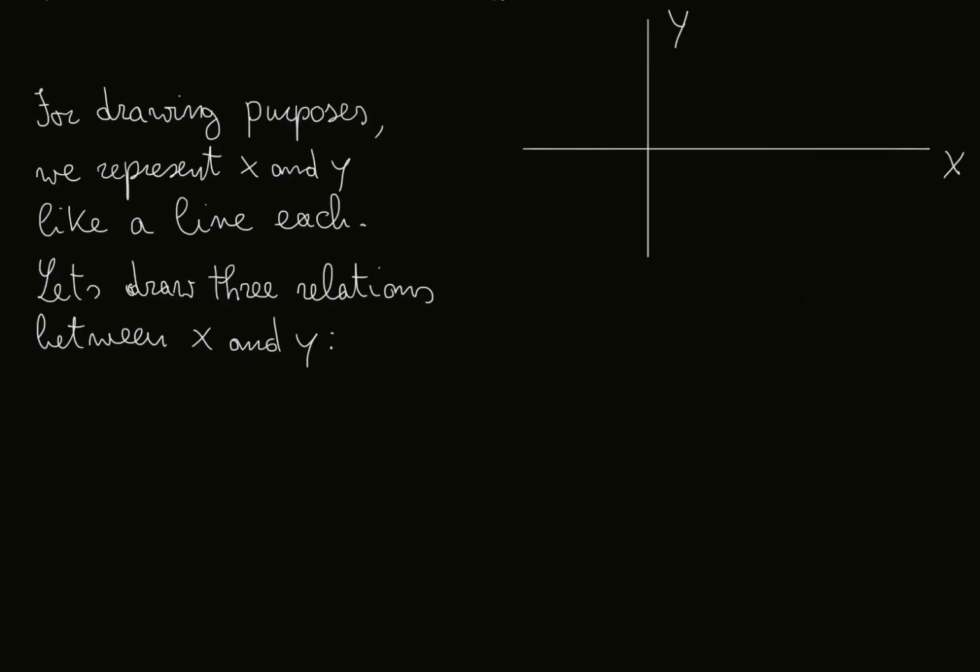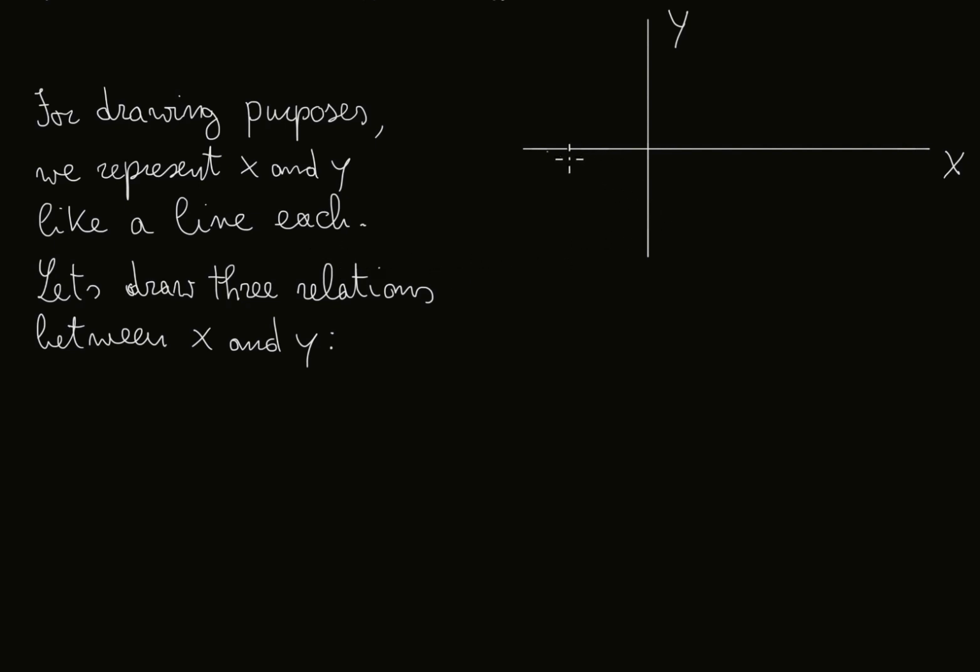Let's see now 3 examples of functions and relations and see graphically what the 2 conditions that make a relation a function amount to. So for drawing purposes, we represent x and y like a line each.